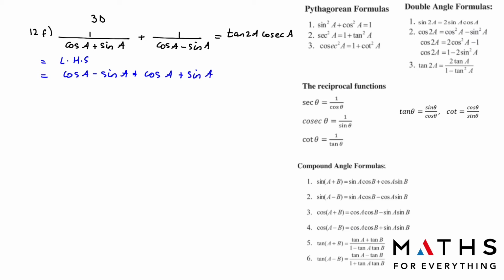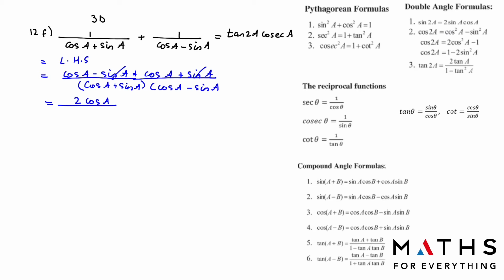In the denominator, we can combine it together. We can write cos A plus sine A and cos A minus sine A. The negative sine A and the sine A got cancelled. We are left with 2 cos A. In the denominator, now what do we have?